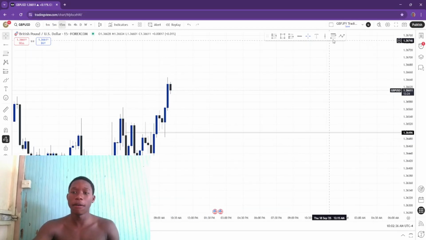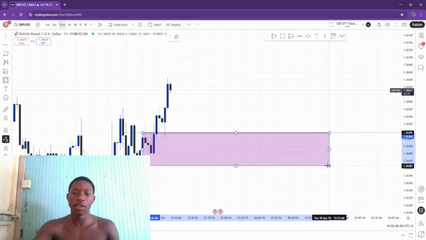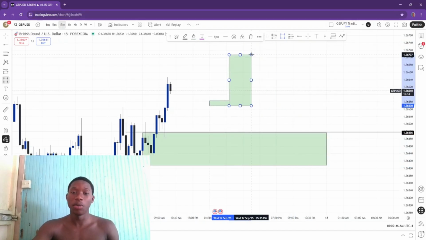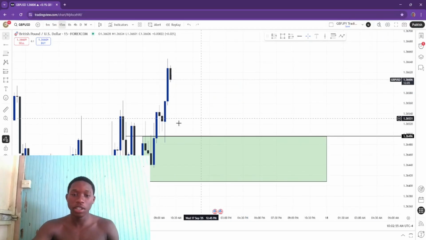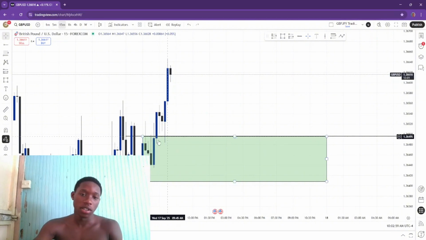So we're looking for price to come down to this area, take some buy trades. When price reaches that area, we're looking for a liquidity sweep down here.